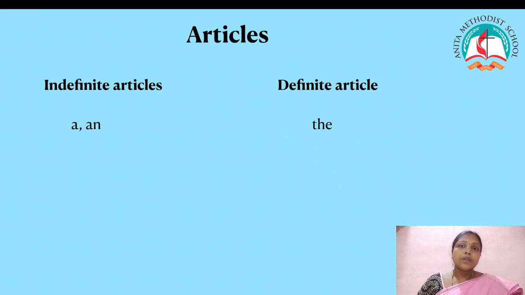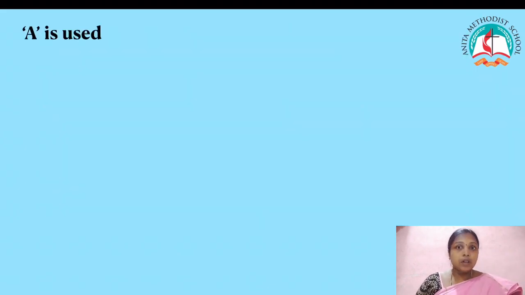Now today we are going to learn the rules for where to use indefinite articles and the definite article. Are you ready, children? Let's move on to the uses of a. Again, I'll repeat, a is an indefinite article. Let's see where we can use the article a.